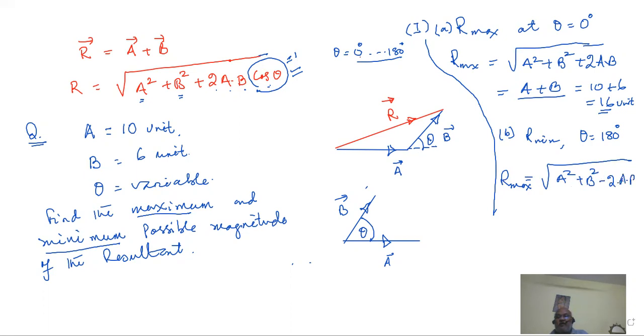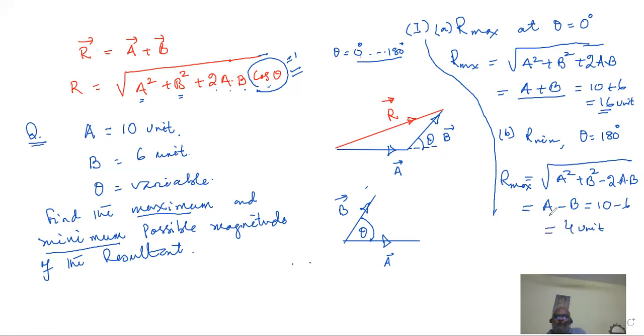Obviously, the thing within the square root is (a minus b) whole square, and the square root of that will be equal to the difference of a and b, or a minus b. Their magnitude difference, a is 10 and b is 6, will be equal to 4 units.